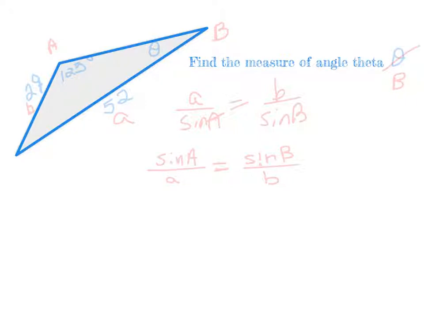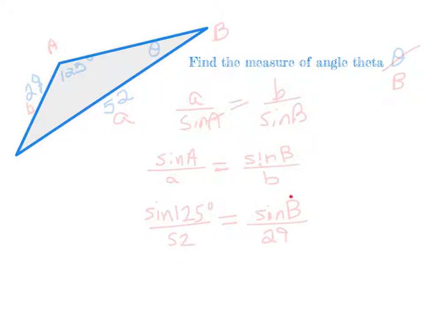Okay, now let's plug our numbers in. So sine of A, we're going to replace that capital A with 125 degrees. Little a is 52. And then sine of big B, well, we don't know big B, right? That's the whole point of this question, is we want to find B. And then little b we said was, what is it, 29 up there in the corner.